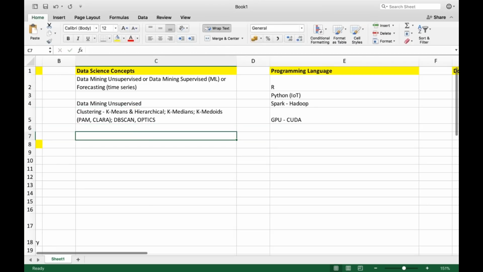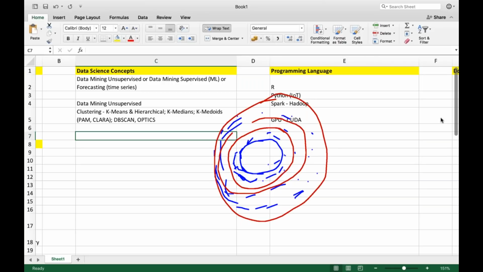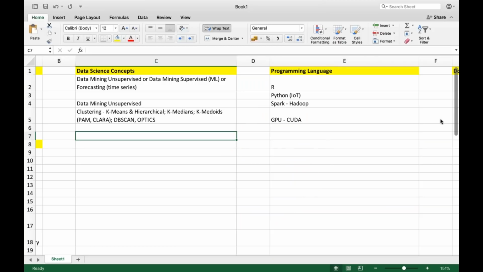Very powerful, because if you have data like this, ideally this inside data should be one cluster, and this data which is outside should be another cluster. But your k-means or hierarchical will do it the other way around.